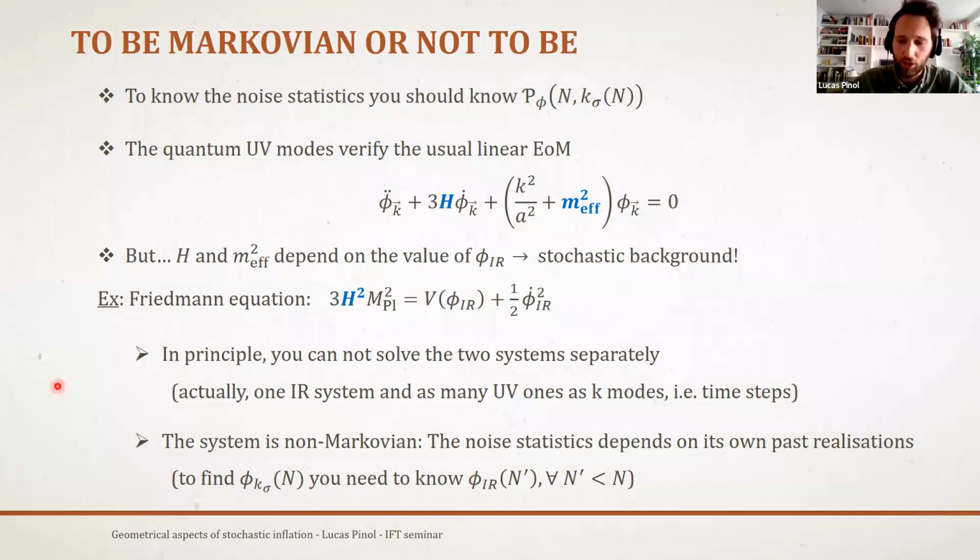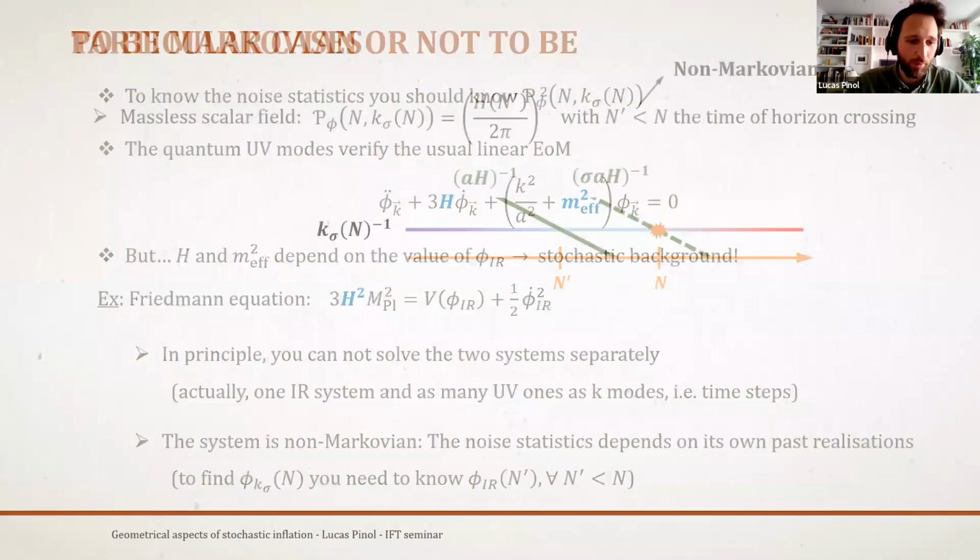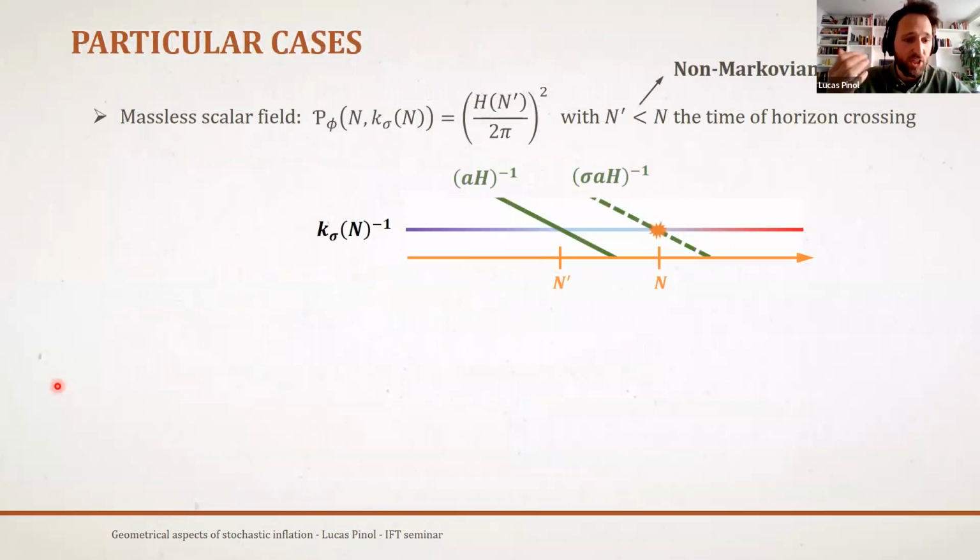So all this to say that this is really what stochastic inflation should be. It's very complicated. So of course, we would like to have some approximations and assumptions in order to simplify all this and be able to derive something physical. A first thing to do is to make the approximation that your scalar field is massless. If you make this approximation, then you have an analytical formula for the power spectrum of your fluctuations.